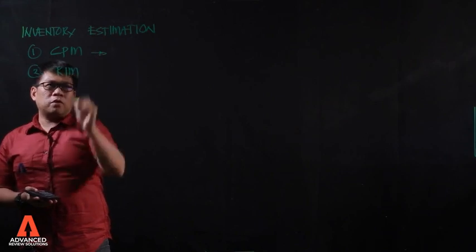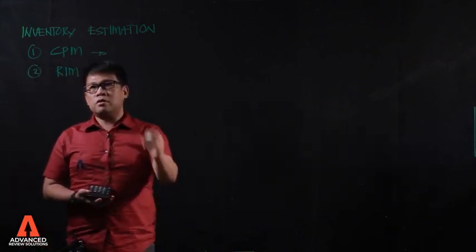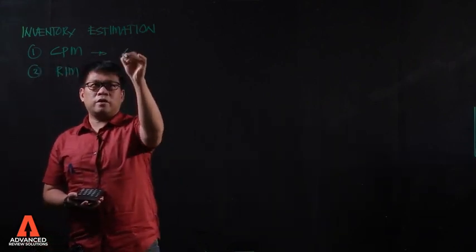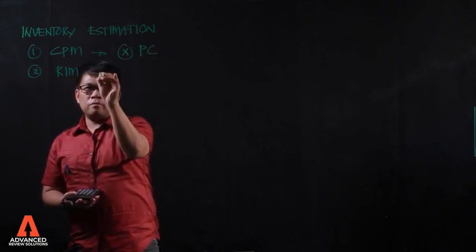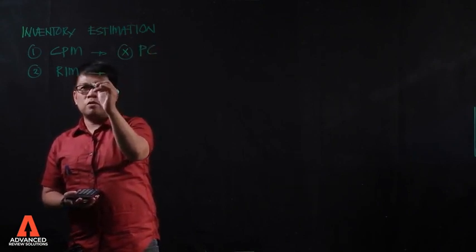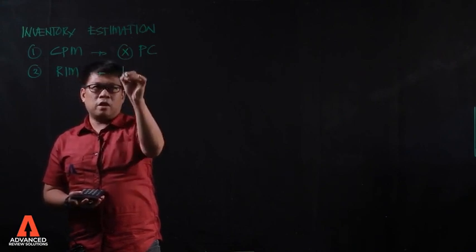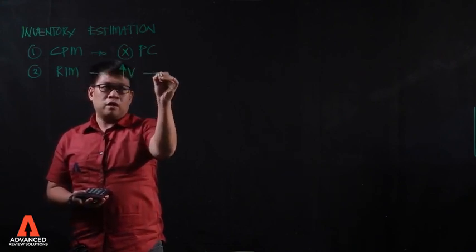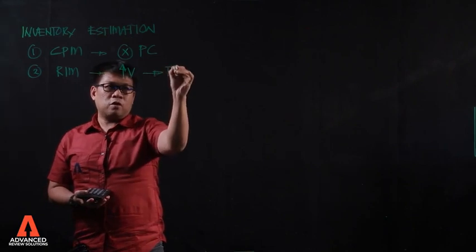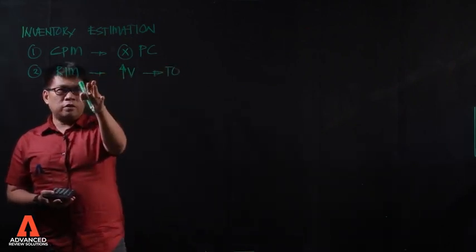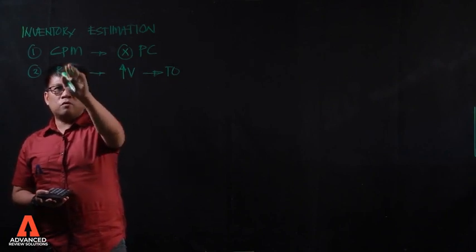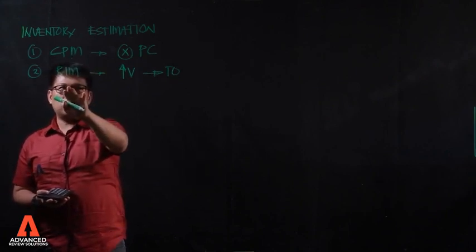Under the gross profit method, you will use this method if you cannot conduct an actual physical count. And the retail inventory method will be used if there is a large volume of inventory and there is a fast turnover of inventory. Okay? Again, there are two methods under inventory estimation: the gross profit method and the retail inventory method.